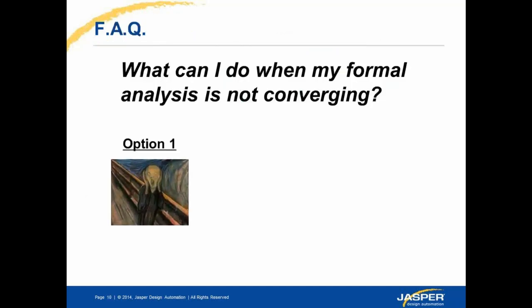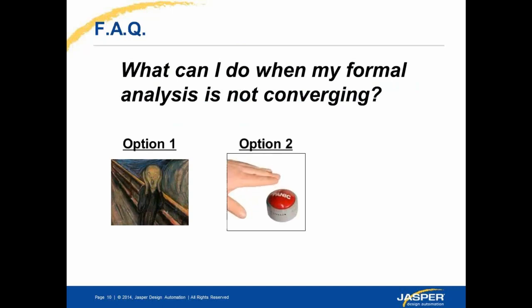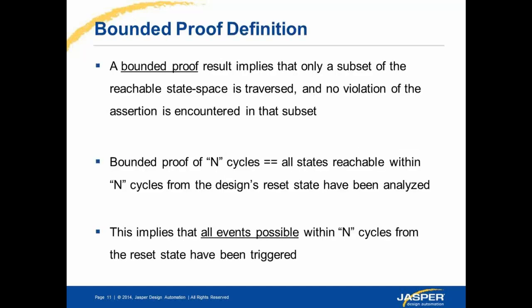Well, you can just be upset, or you can hit the panic button, or you could use bounded proof coverage to estimate the amount of RTL you have verified using bounded proofs. So what are bounded proofs? Bounded proofs are assertions which have not converged convincingly.